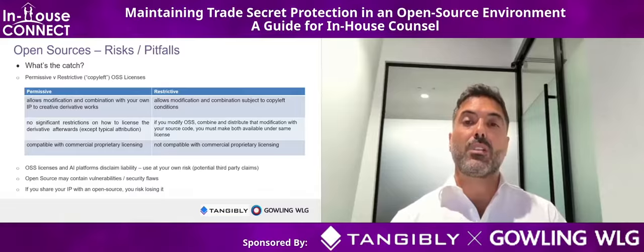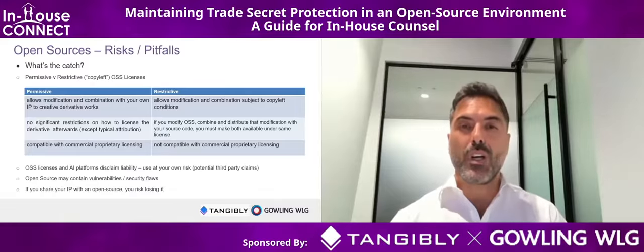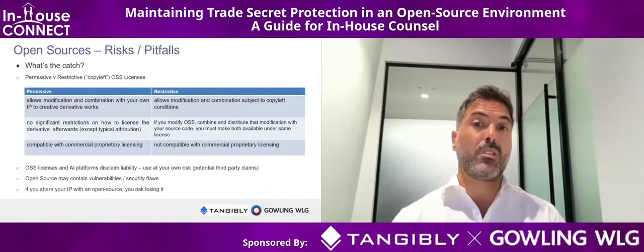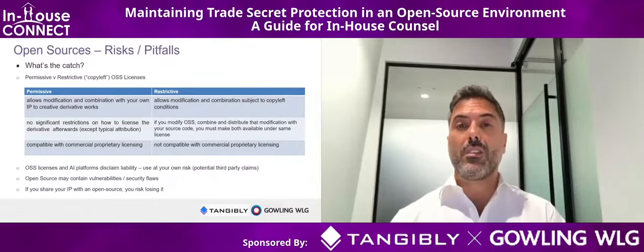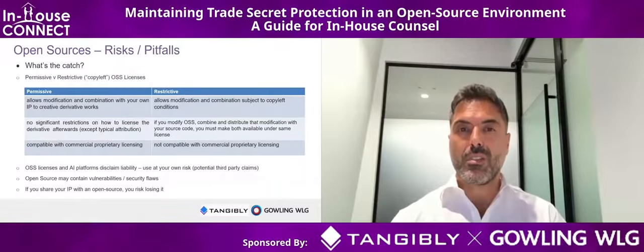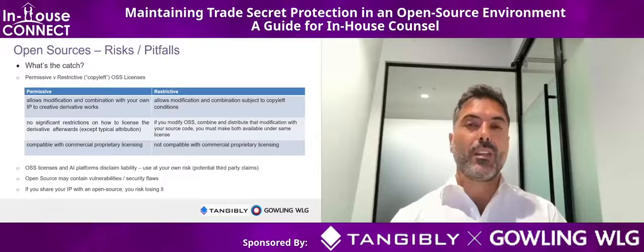So in essence, you're losing your IP, right? And more so, very dangerously for your trade secret, you're losing the secrecy. And that's why it's not at all compatible with your commercial proprietary licensing.